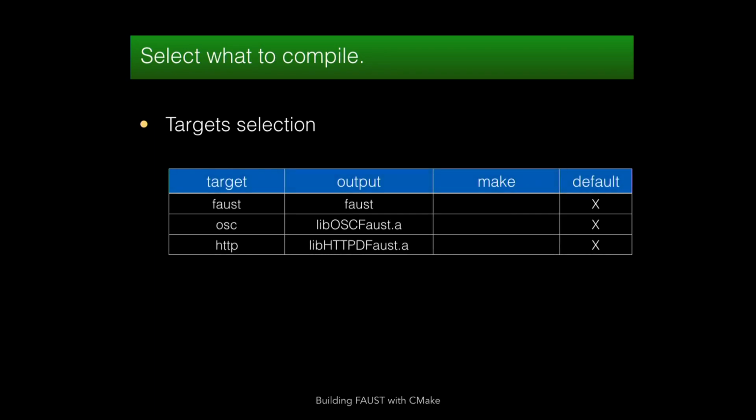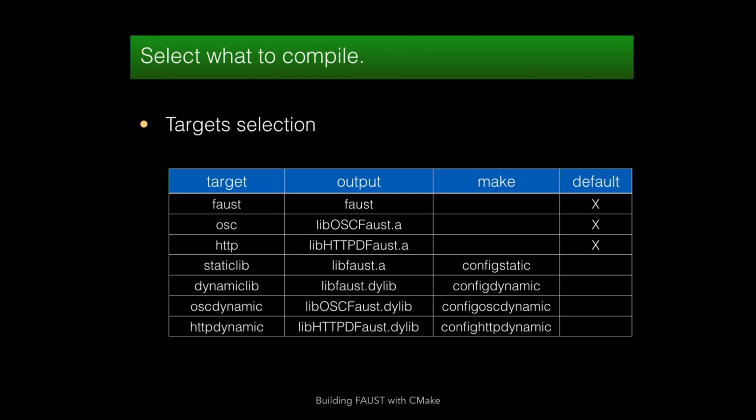By default, the system includes the Faust compiler, the OSC static library, and the HTTP static library into the project. So if you are using a makefile, you can type make Faust, make OSC, make HTTP. But you can also include a static library: the Faust compiler as a static library, as a dynamic library, OSC dynamic library, HTTP dynamic library, etc.